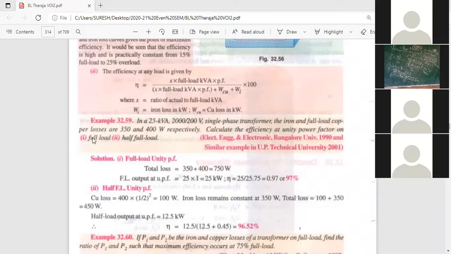Are you getting 96.52%? Yes, sir. Okay, so in this way, you will calculate the efficiency of the transformer.